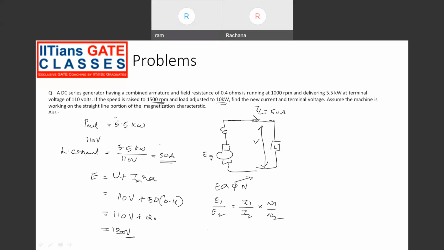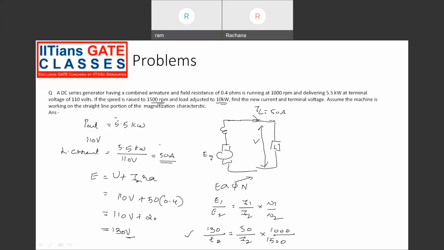We know E1 is 130, E2 we don't know. I1 is 50, I2 we don't know. N1 is 1000 RPM, N2 is 1500 RPM. This is one expression. Let's keep it like this.